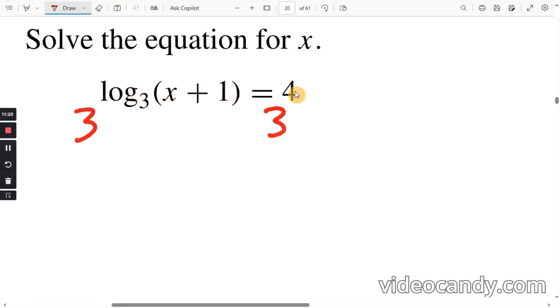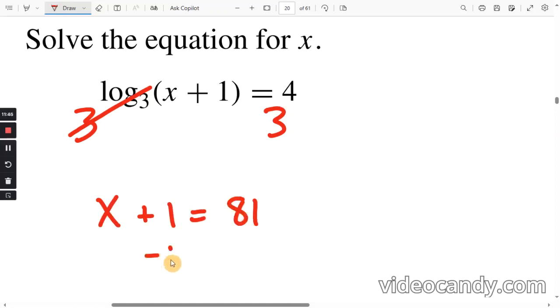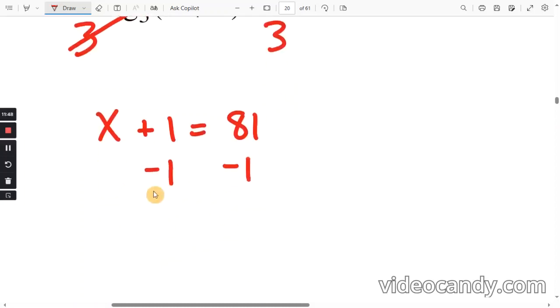The exponent on the number 3 is 4. This base matches this base, so these are gone. They cancel, and you're left with the x plus 1. 3 to the 4th, 3 multiplied 4 times. That's an 81. Solving for x, if you do minus 1 on each side, x is just 80. Simple.